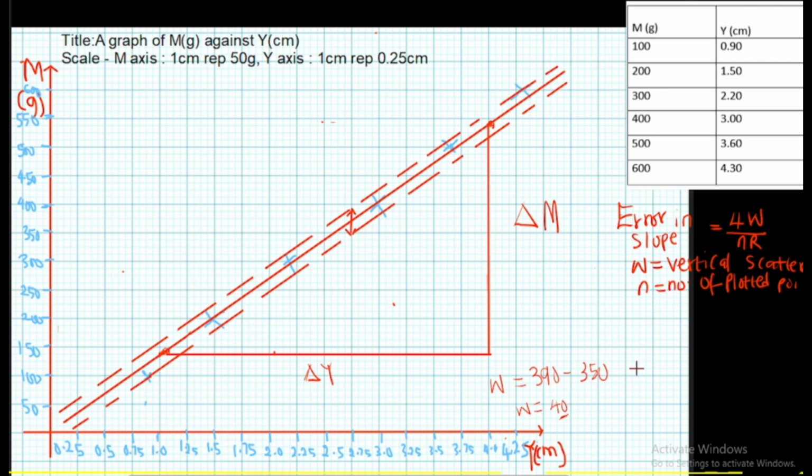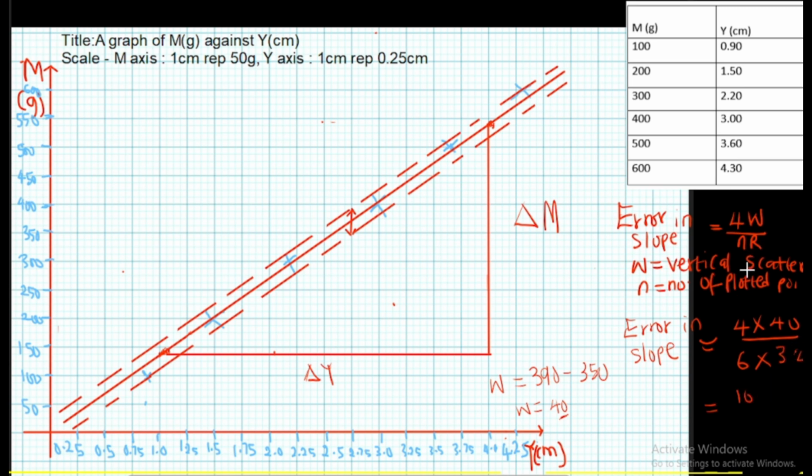Now to get the error in slope, we'll come back again to our formula. It says error in slope equals 4W over NR. We have W to be 40. That's 4 times 40 divided by NR. Remember, N is our number of plotted points, which we got to be 6. So we have 6 times R being the horizontal range, which we calculated to be 3.4.